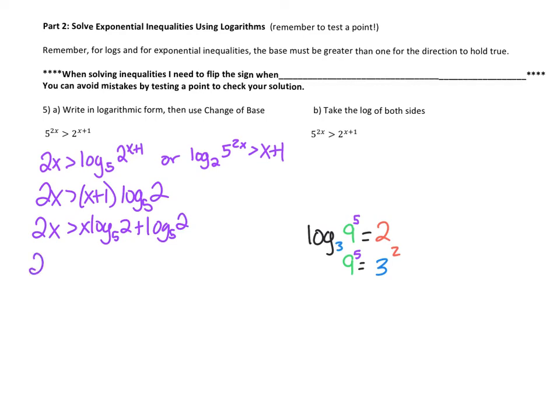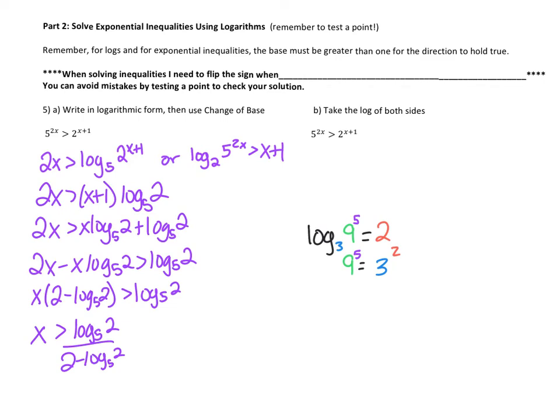Move my x's to the same side like you saw in the previous example. And then I'm going to factor out the x. Then I divide by 2 minus log base 5 of 2. And I again would have to check to see if this is a positive or a negative statement. And it was positive.